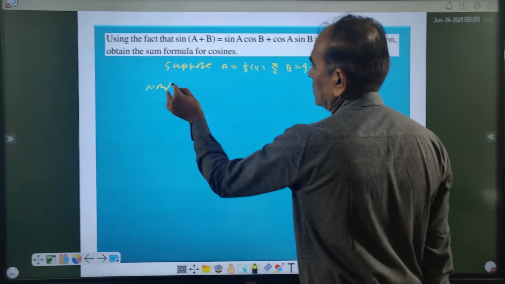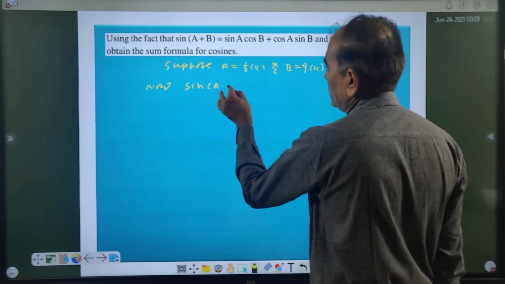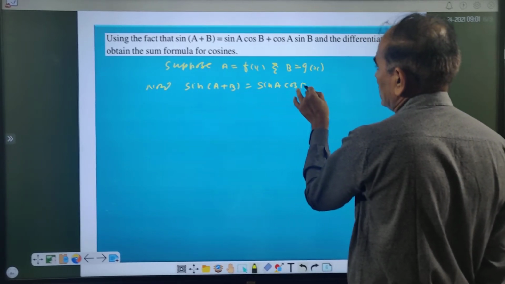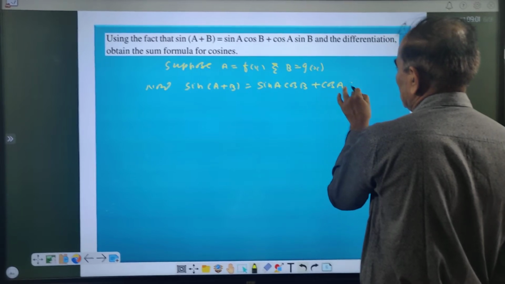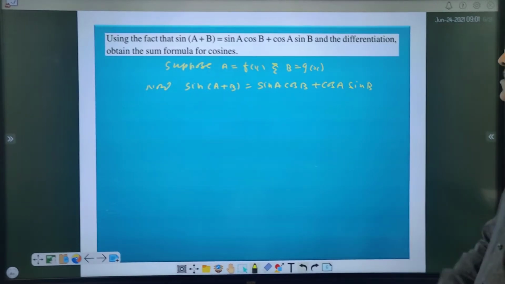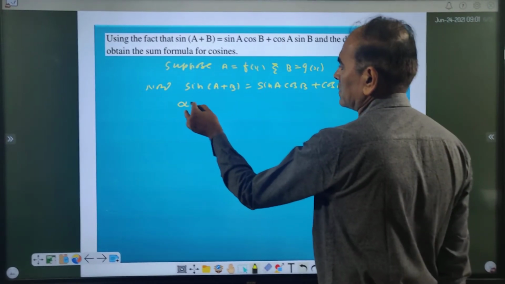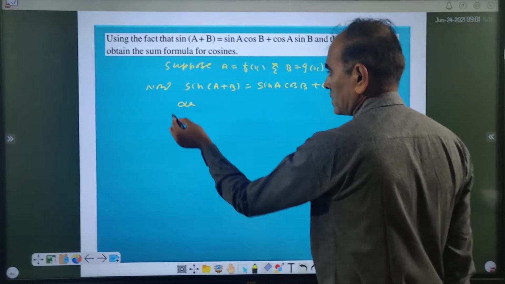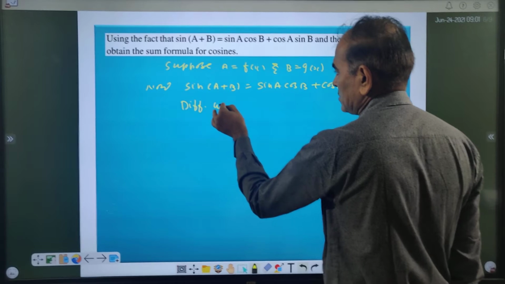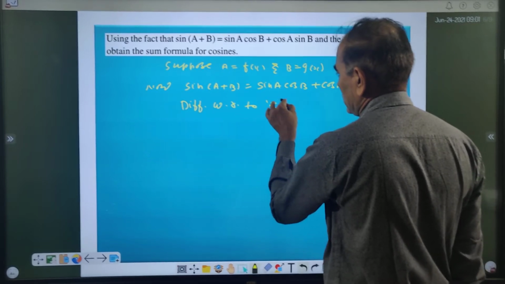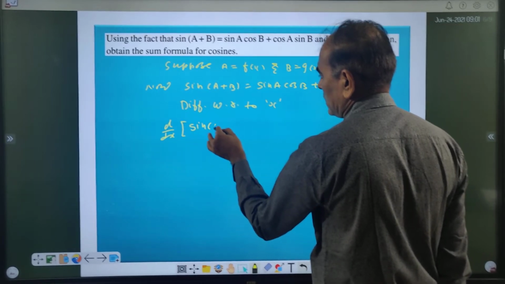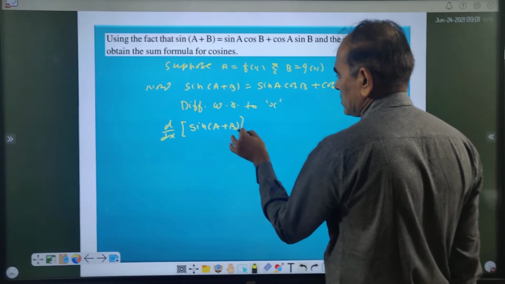Now, sin of a plus b, what is the formula? Sin a cos b plus cos a sin b. That we know. Now use differentiation with respect to x. Differentiate with respect to x, because I am taking a and b as functions of x.